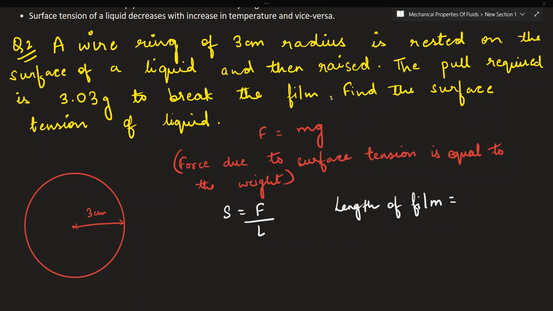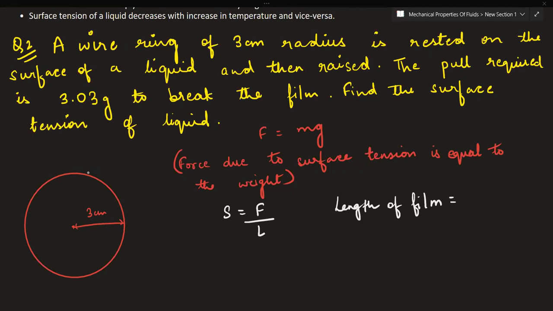See, R is the radius. This is the wiring, which will be having the liquid. So what should be the length now? See, have you seen the bubbles that we used to play? You take this circular portion and you dip it in the liquid. Then what will happen? The whole liquid film will be over here.